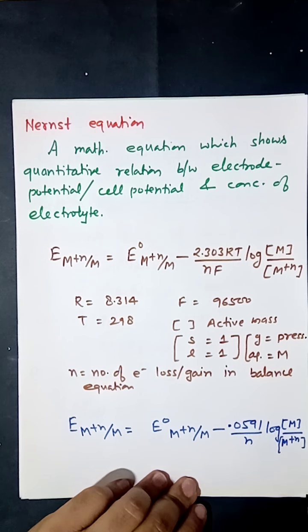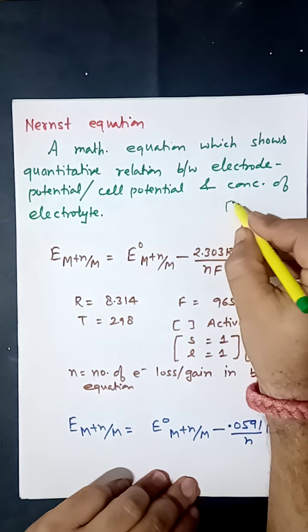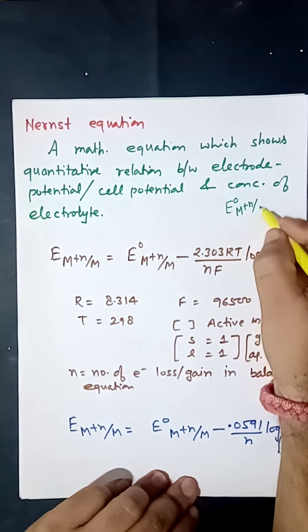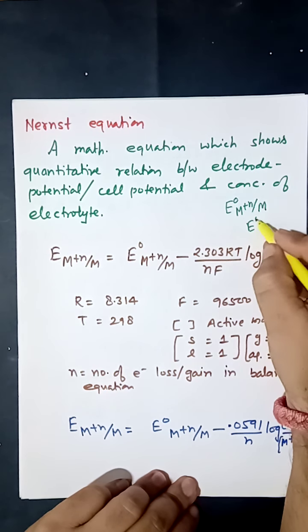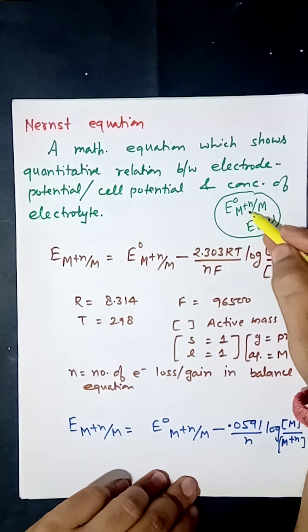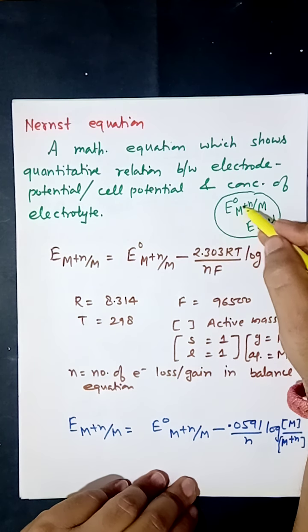Now another point is the Nernst equation. What is the Nernst equation? We have discussed so far how we can get the value of E naught for an electrode as well as E naught for the cell. It means we have discussed only standard conditions, standard cell potential as well as standard electrode potential.